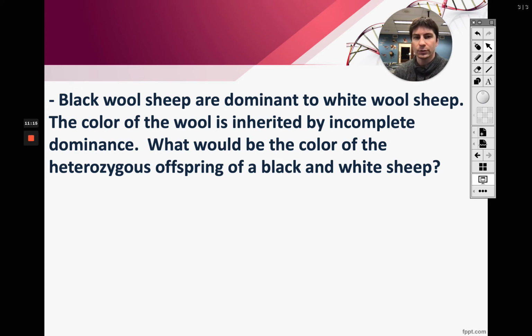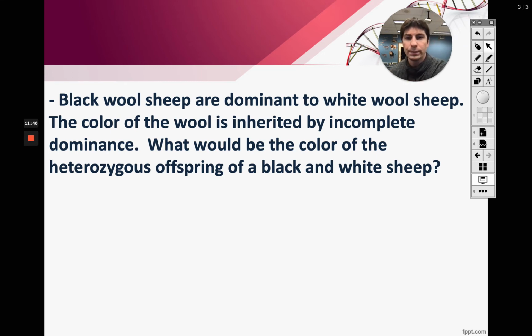We're going to go over another one called codominance. After that, we're going to go over another one called sex-linked inheritance. Out of those four, you have to determine which one it is, and that'll tell you how many different phenotypes you're going to have. If you notice, for incomplete dominance, we now have three phenotypes. We have the dominant phenotype, the recessive phenotype, and the blended phenotype for the heterozygous individual.